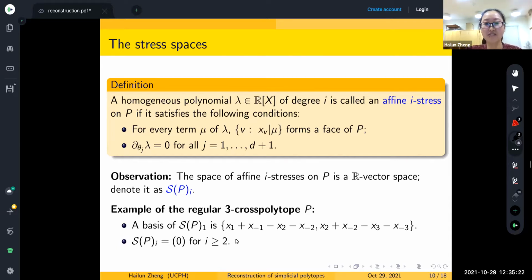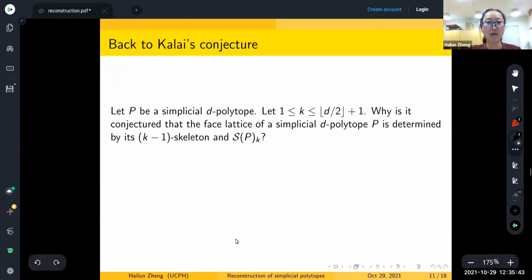However, the second one is not that easy. You could do an exercise at home to see that for i greater or equal to 2, for this particular example of the regular 3-cross polytope, the affine 2 stresses, there's nothing non-trivial.